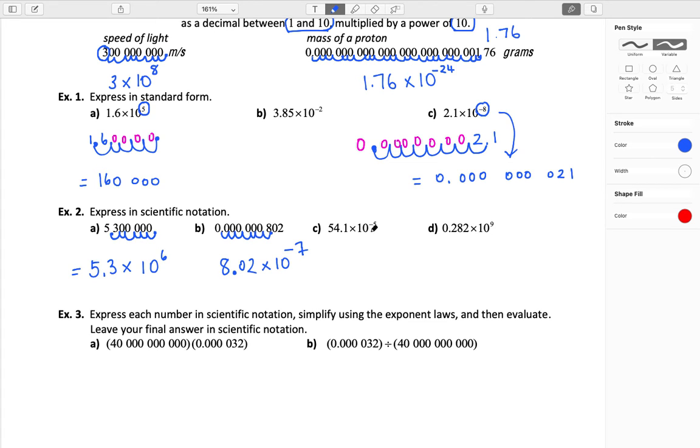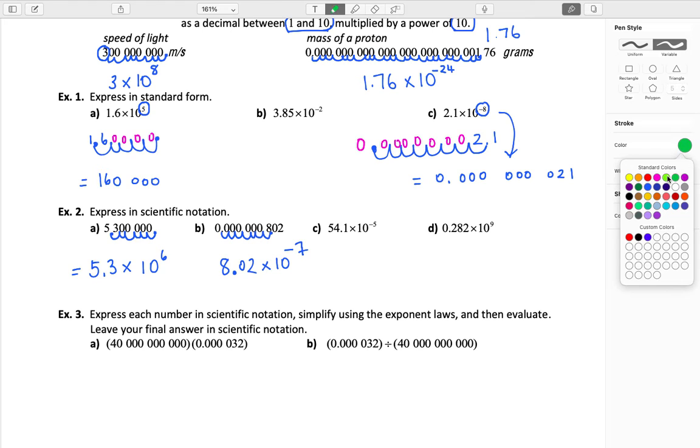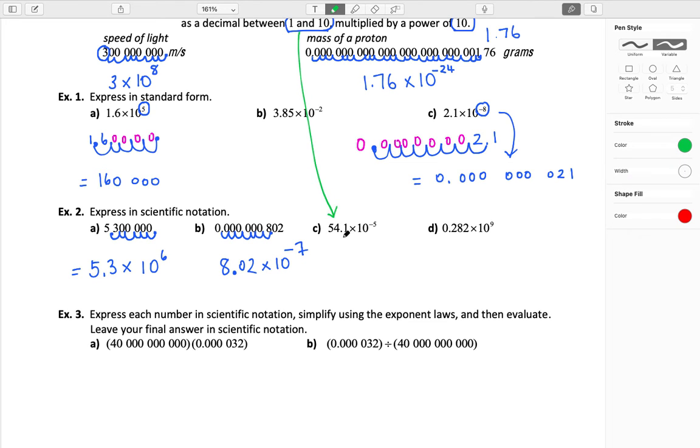Now for letter C, it's a little bit different. The problem with this one is that it's 54.1. But do you remember the first rule? I said that the number must be between 1 and 10. 54 is bigger than 10, so I have to reduce it.